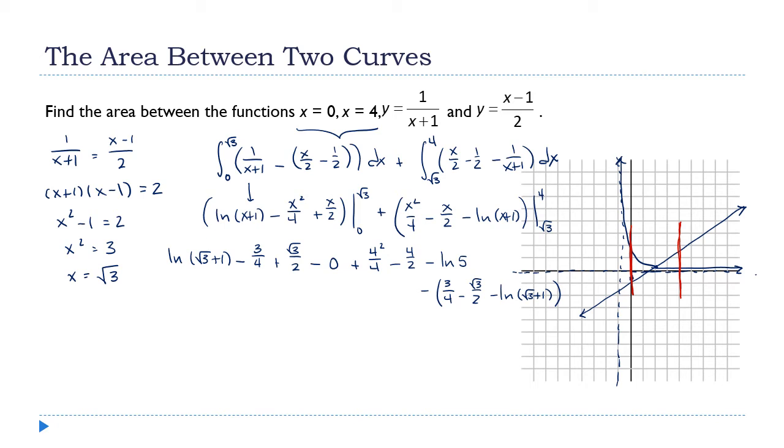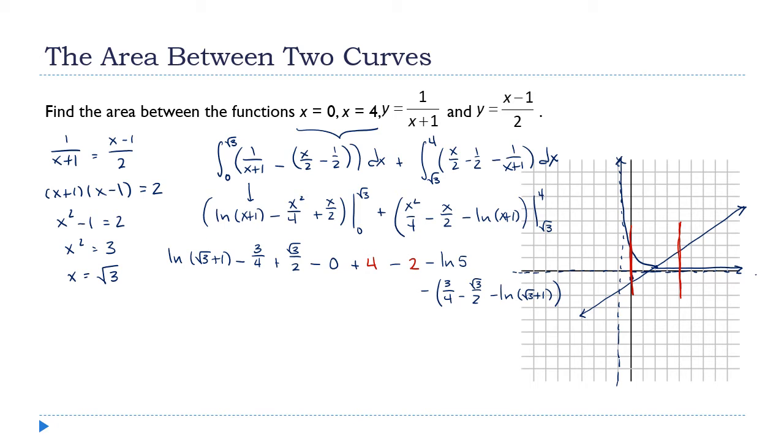Okay. Let's see. I'm just going to do a little simplifying here. 4 squared over 4, that's 16 over 4, which is 4. And 4 over 2 is 2. So let's see. I get 4 minus 2, that's positive 2.